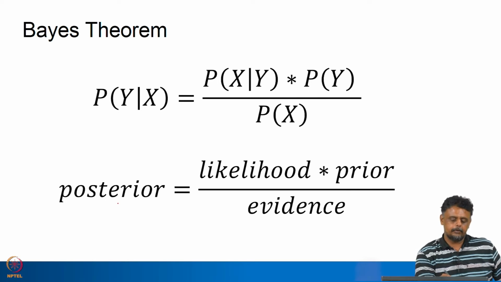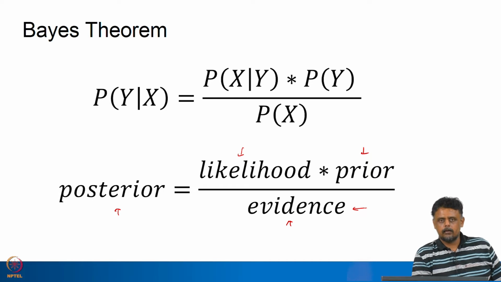Here, p of y given x is referred to as the posterior probability, p of x given y is the likelihood, p of y is the prior, and the denominator is known as the evidence. Typically this is very difficult to calculate, because it involves marginalizing over another variable, which turns out to be an intractable calculation in most cases.